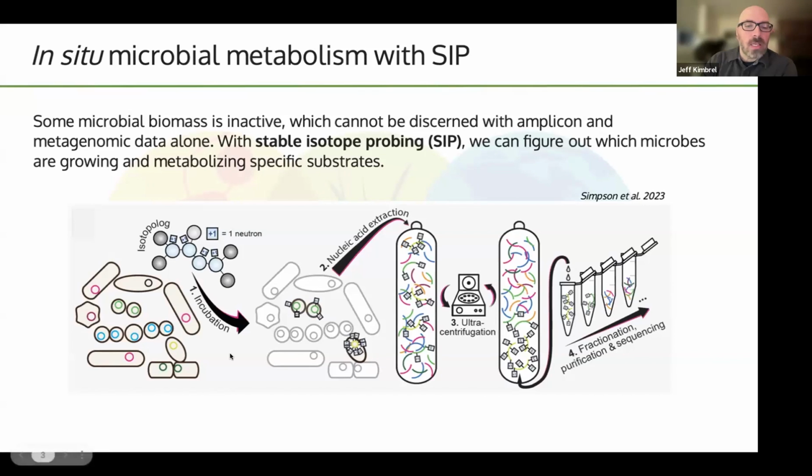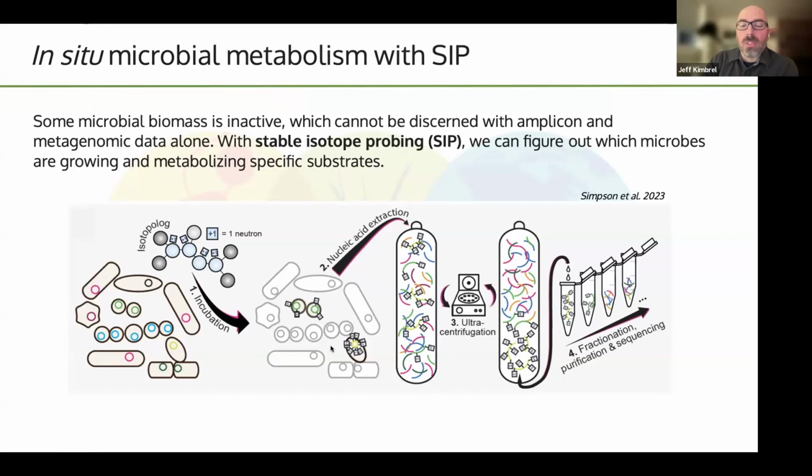So the schematic just on the left, you add some sort of isotopolog, and an isotopolog is just a heavy labeled version. It can be typically carbon-13, nitrogen-15, or oxygen-18, 18O. You do some sort of incubation.